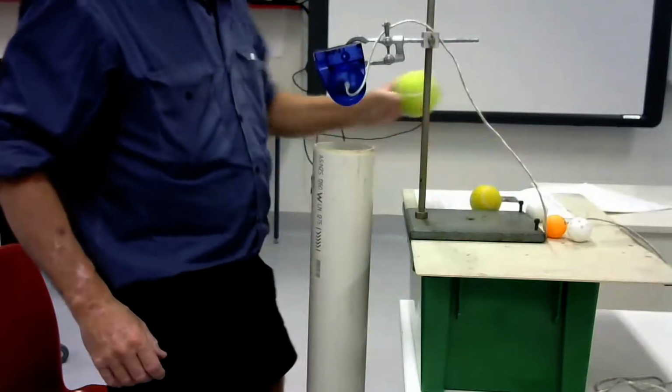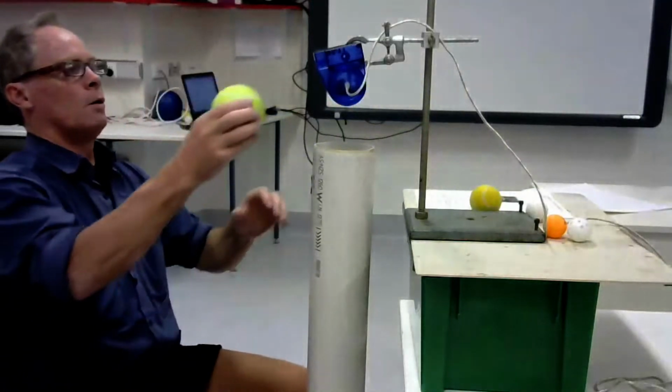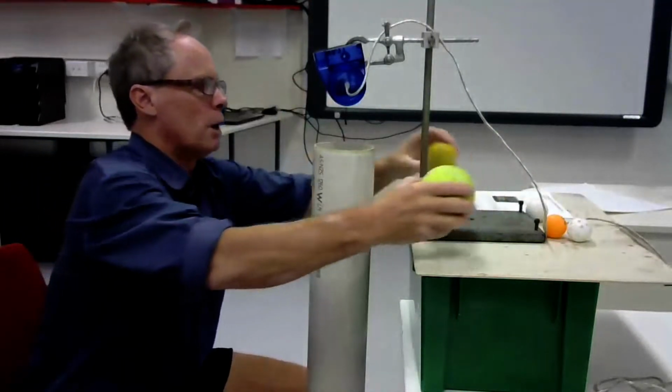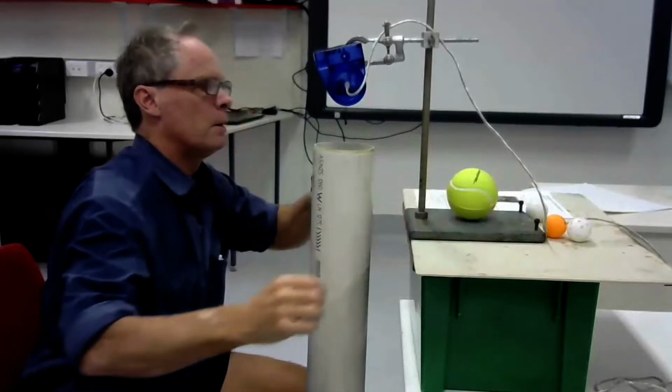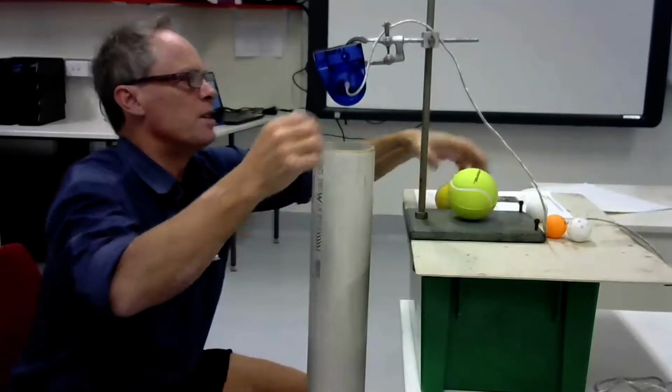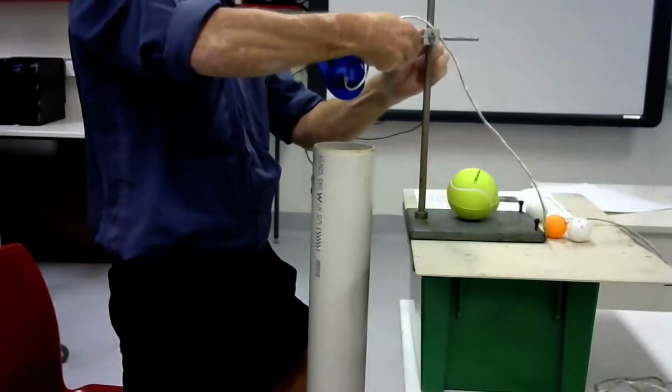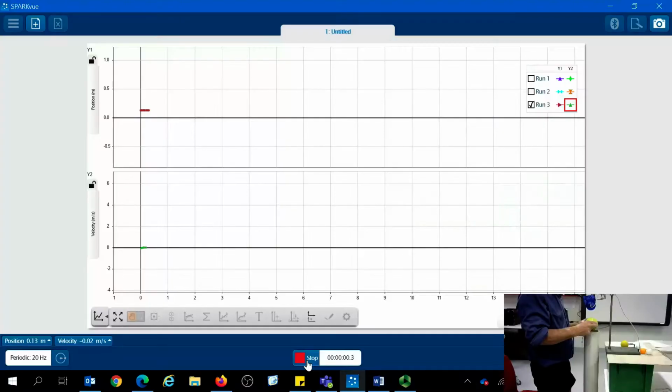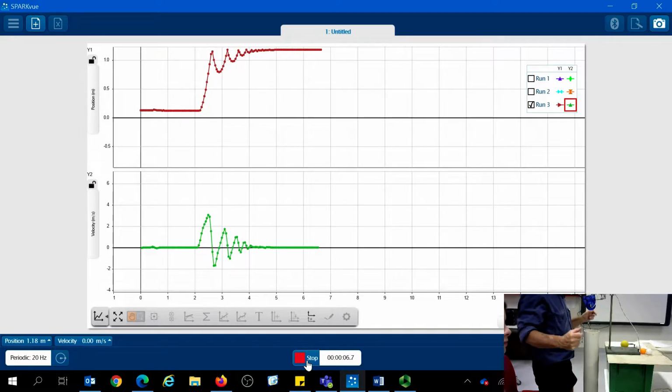Okay, so what we're going to do is drop one of these balls. Might just move that sensor up a bit. Lovely. Good.